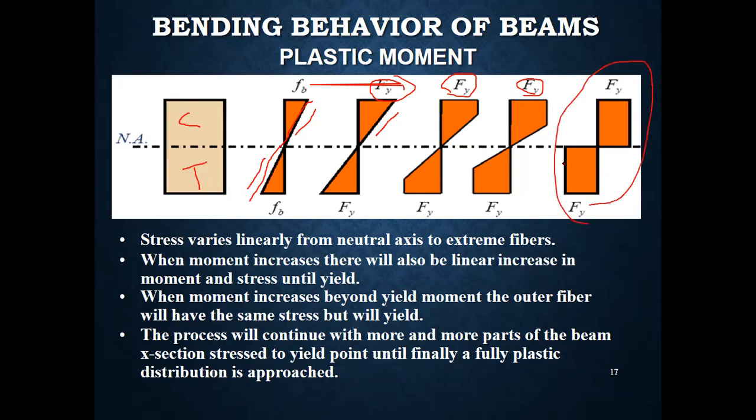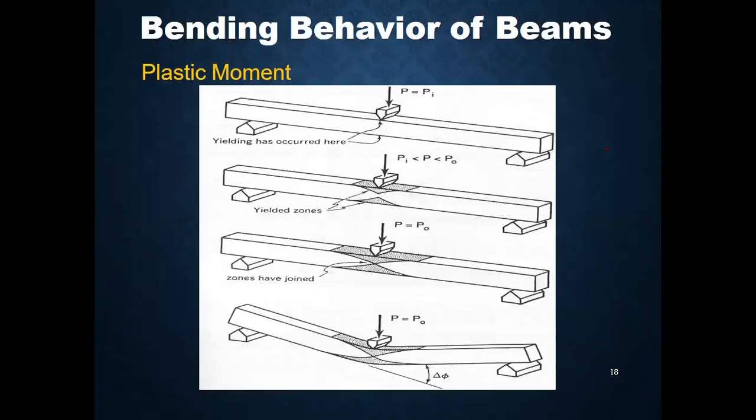The plastic distribution is basically the distribution in which there is no linear variation between the compression force and the tension force of a member. We call this the stage when the plastic moment is generated in the structure.